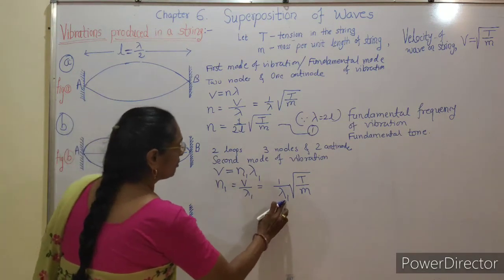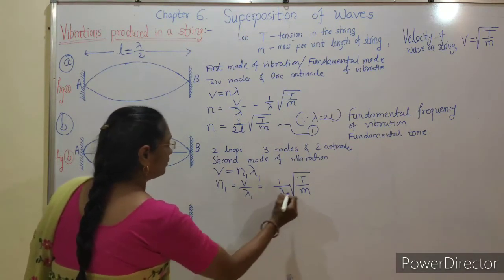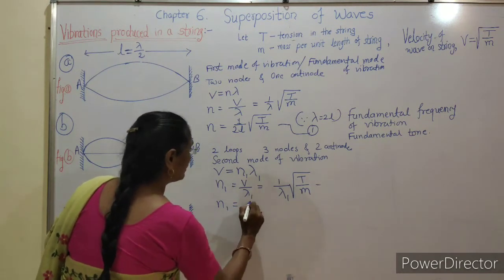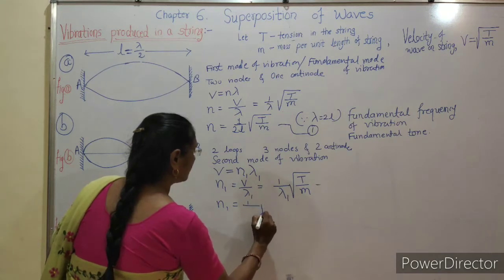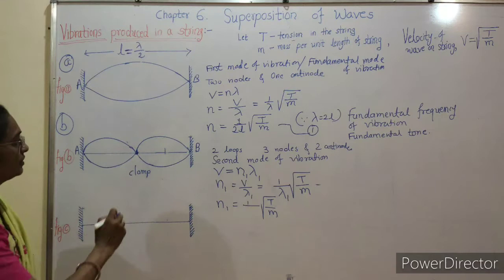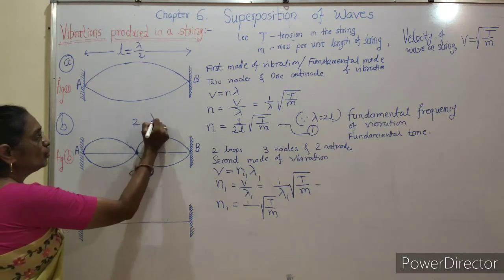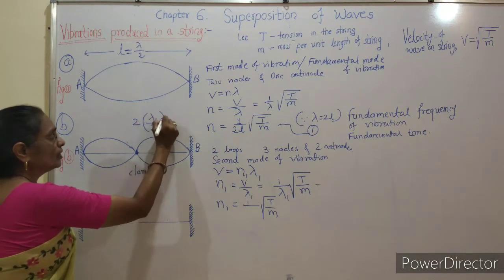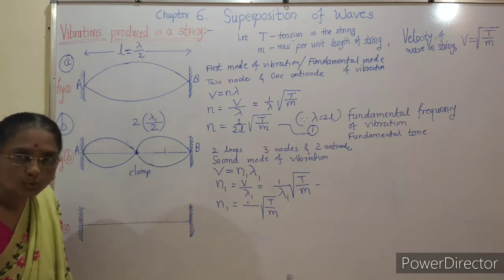Now for this lambda 1 we can substitute from the figure: as there are two loops, 2 into the length of one loop. Length of one loop is lambda 1 by 2.